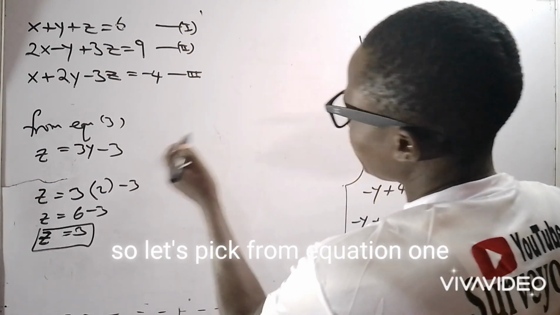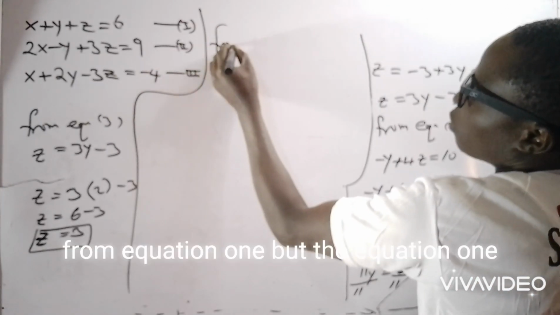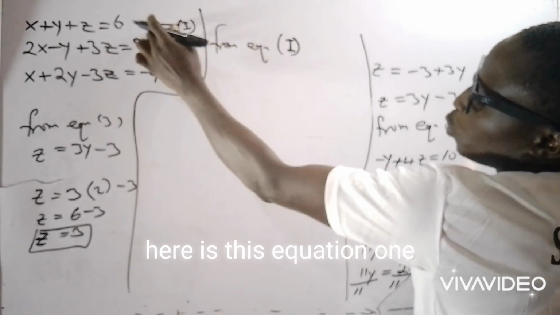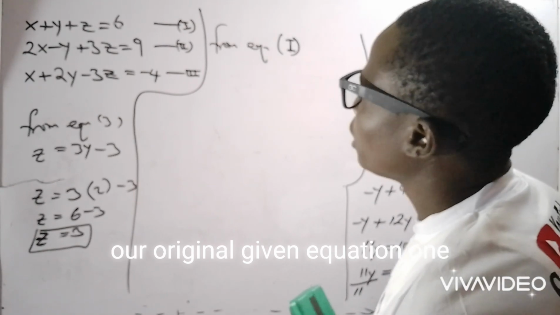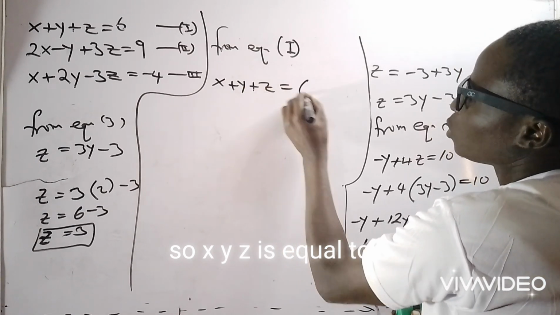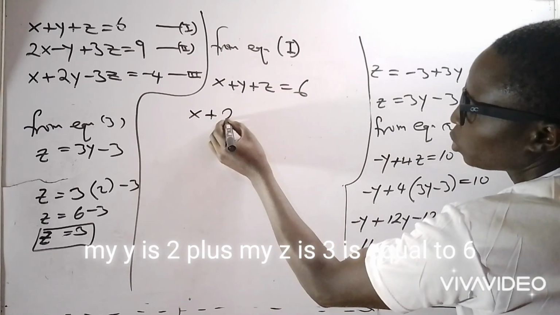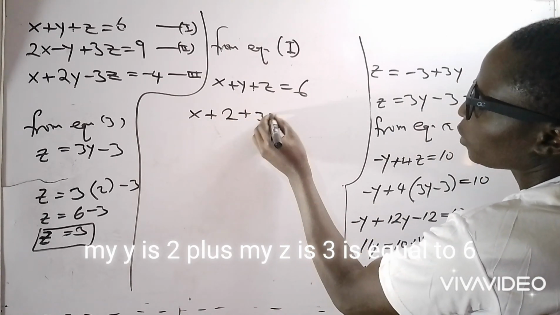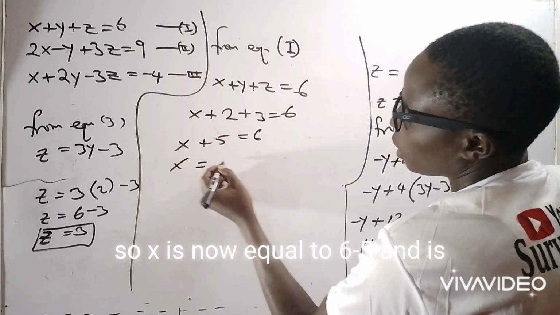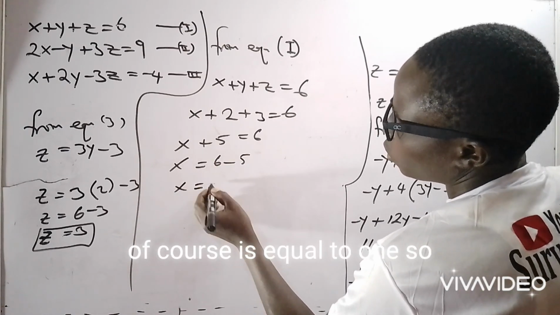Let's pick equation 1, our original given equation 1. So x plus y plus z equals 6. That means x plus my y, which is 2, plus my z, which is 3, equals 6. So x plus 5 equals 6. So x is equal to 6 minus 5, and x of course equals 1.